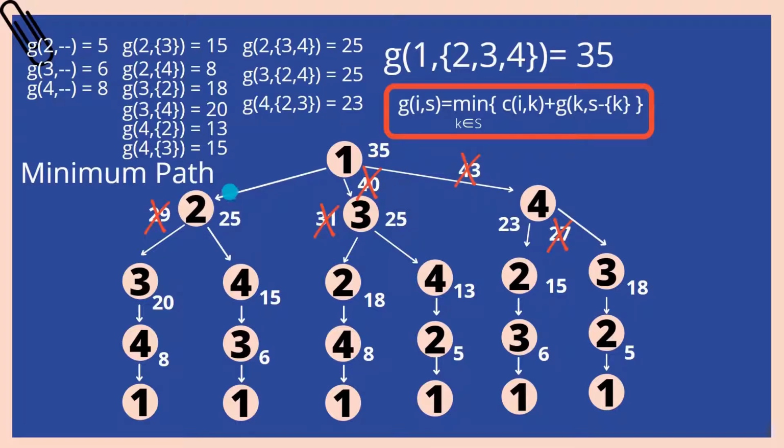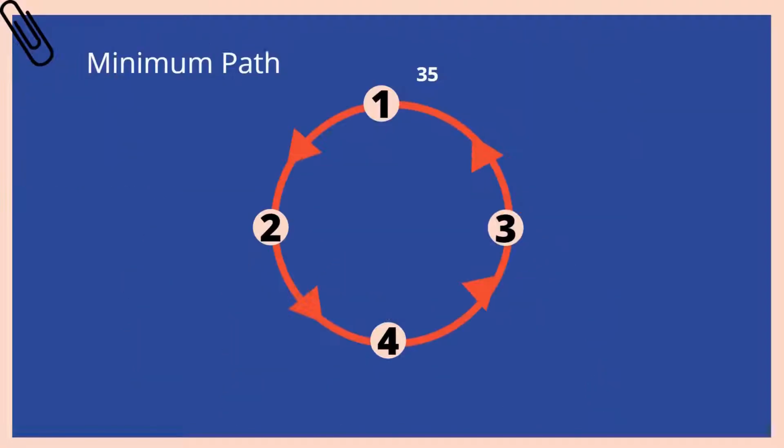So we will consider 2. Now as we are at 2, this 125 we are getting. So how can we say from where we are getting 25? So 25 we are getting from 3 or 4. So we are getting 25 from 4. So then 4 and 3 and 6. So this was the minimum path.